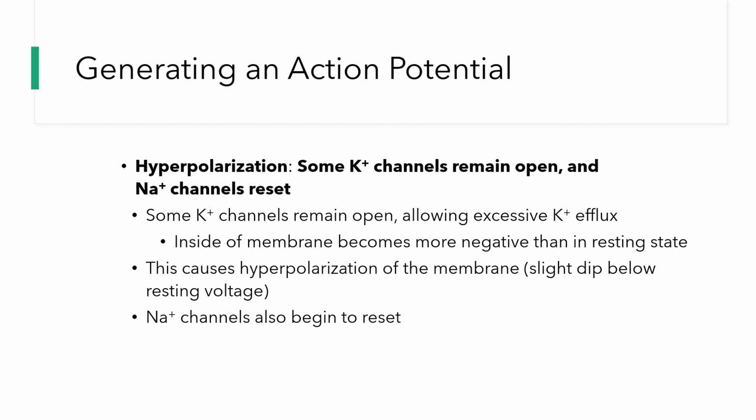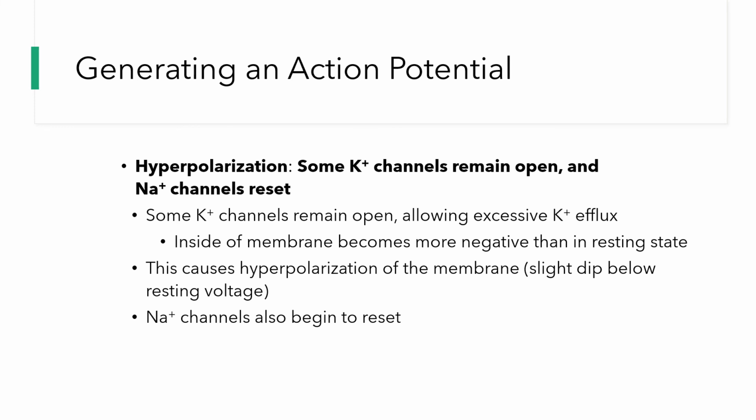Now, when we have the potassium leaving, it causes something called hyperpolarization, which is when the potassium leaves at such a high rate that it causes the inside of the cell to become even more negative than it was prior to the action potential. So some of the potassium channels will remain open and the sodium channels will start to reset.